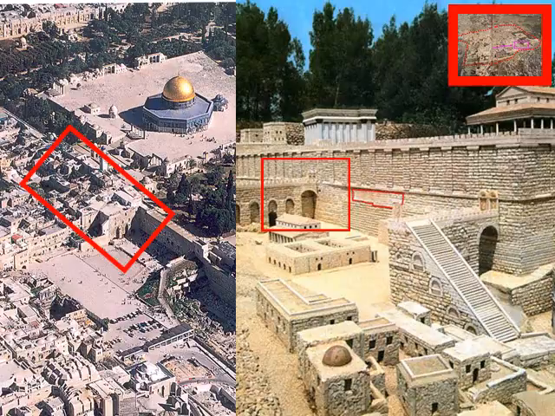In the left picture, in the red rectangle, you see there's just a conglomeration of structures there, houses and buildings and such. That's because the arch that you see on the right is completely underground. It has been there and underground since 70 AD when Titus destroyed the temple.